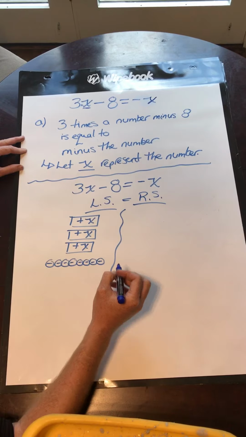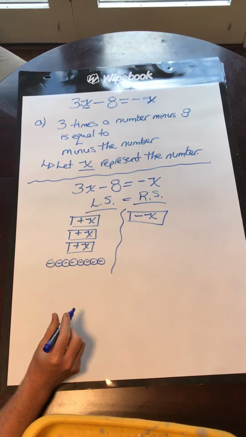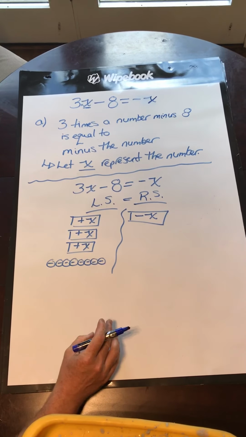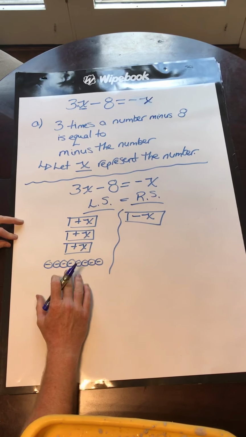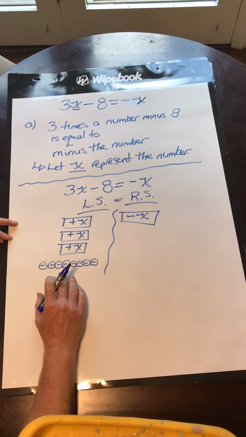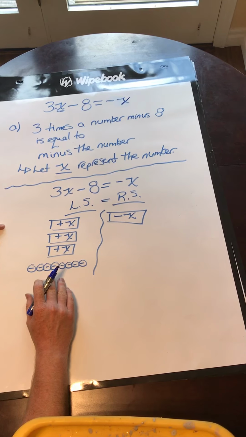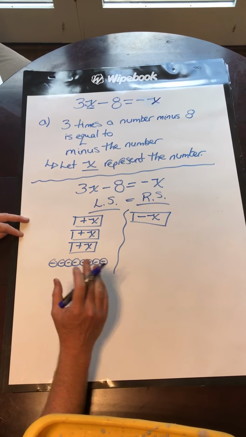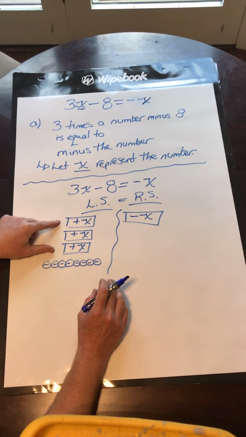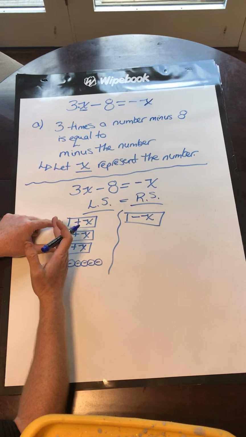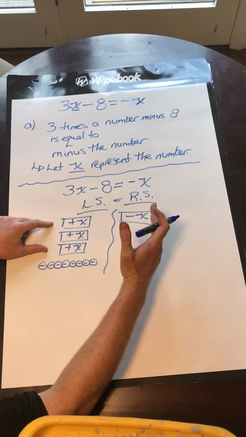And on the right side, I have 1 negative variable tile. Okay, what do I want to do? Well, I want to isolate the x tiles on one side and the unit tiles on the other side. And remember that hint, it's usually good to isolate the x tiles on the side that has the most positive x tiles.